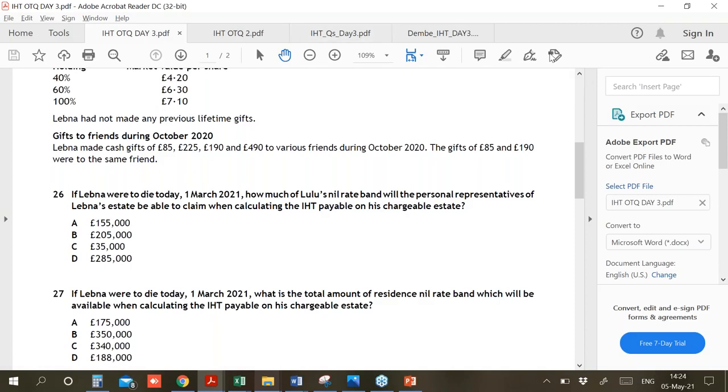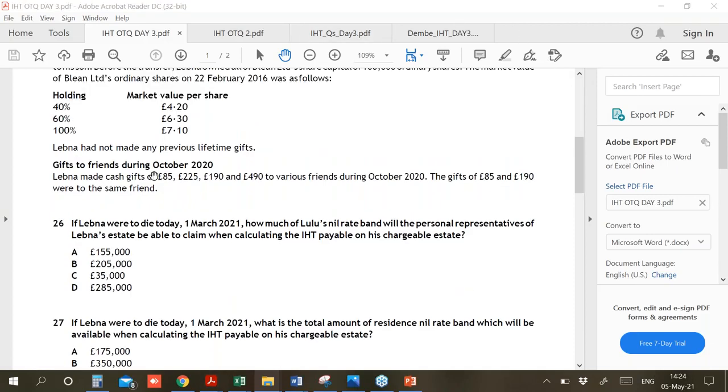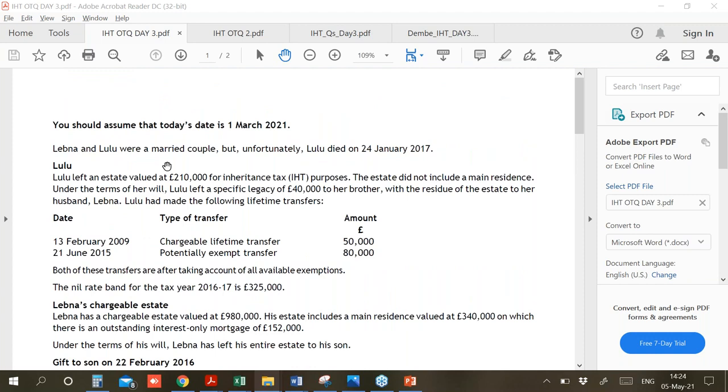So the next OTQ is: Lebna and Lulu were a married couple, but unfortunately Lulu died on 24th of January 2017. You should assume that today's date is 1st March 2021.